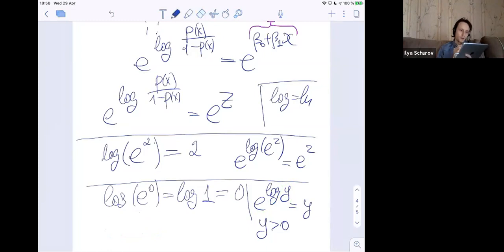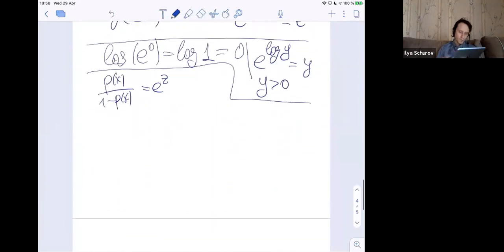So I can rewrite this thing as just this thing, and now I have the following: p of x over 1 minus p of x equals e to the power z. Then I will do just some high school algebra. I multiply everything by the denominator. Then I expand the right-hand part.